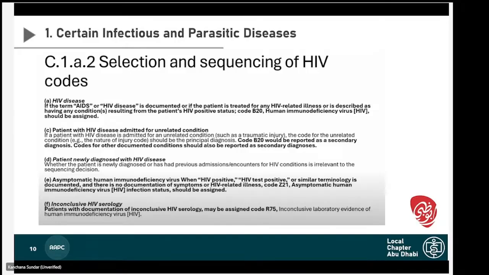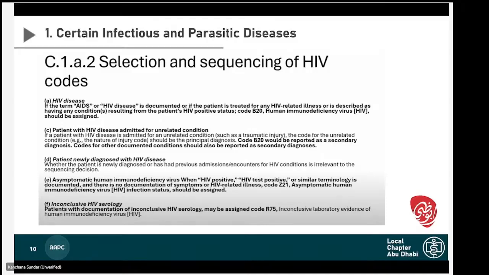They mean to say that if a patient is an HIV disease or AIDS patient, he can never be coded as Z21, asymptomatic human immunodeficiency virus infectious status. Once established as an AIDS patient, forever he is going to be an AIDS patient, and we cannot code Z21 asymptomatic ever back in his life.